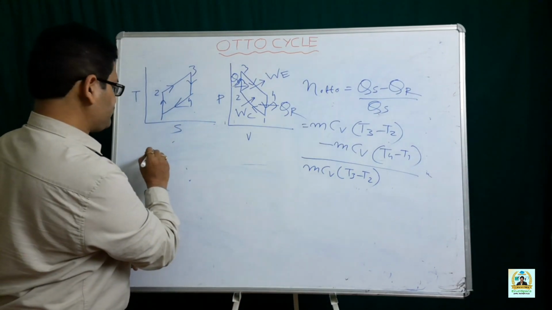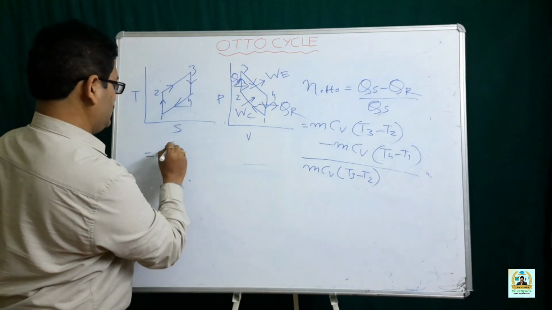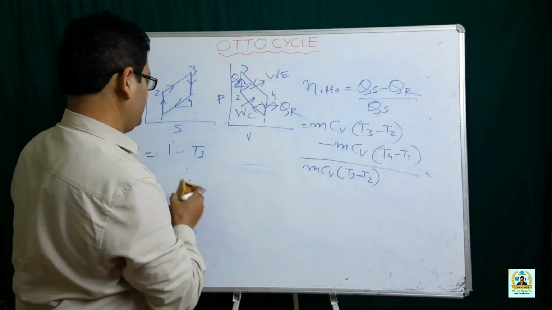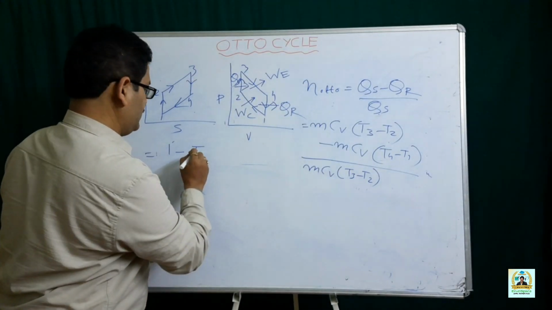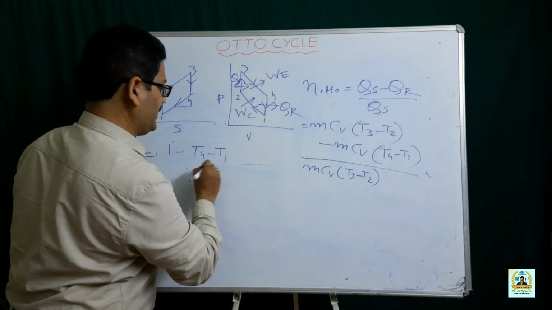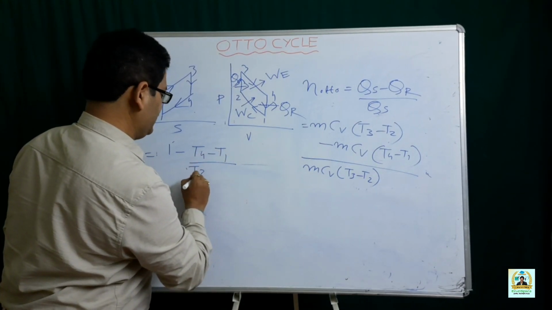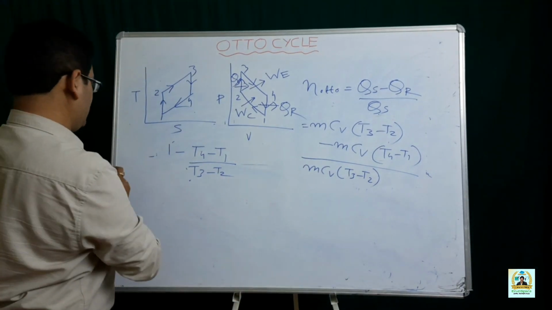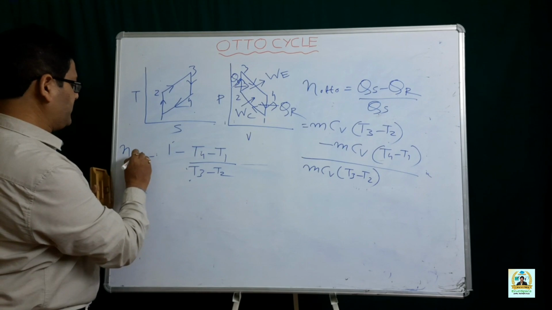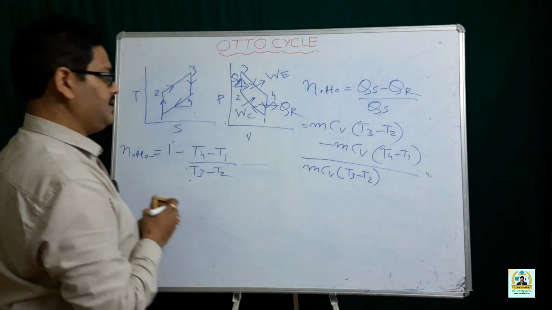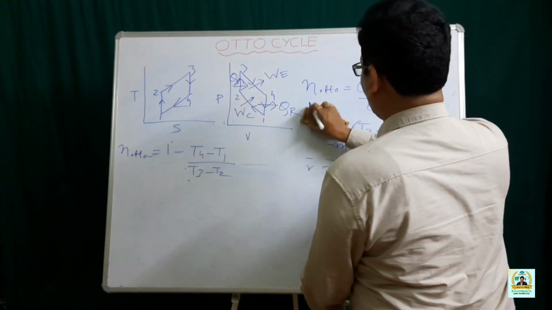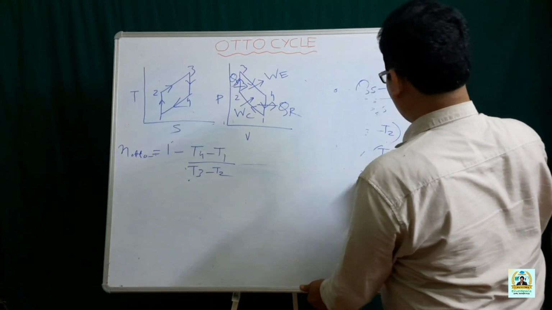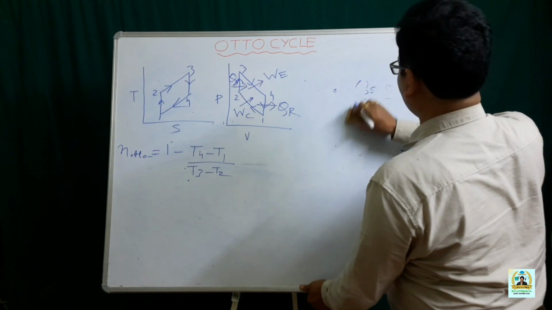So this becomes 1 minus (T4 minus T1) divided by (T3 minus T2). So this is an expression for air standard efficiency of the Otto cycle in terms of temperatures at cardinal points.